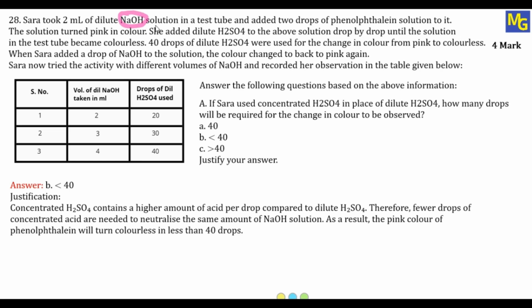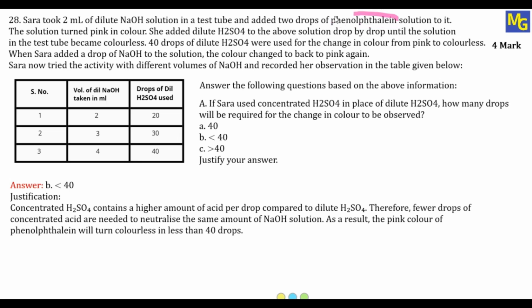She has taken 2 ml of basic solution in a test tube and added 2 drops of phenolphthalein solution to it. What is phenolphthalein? It is an indicator, a type of acid base indicator. The indicator which is used to find whether the given solution is acid or base by changing its color. Such indicators are called acid base indicators.